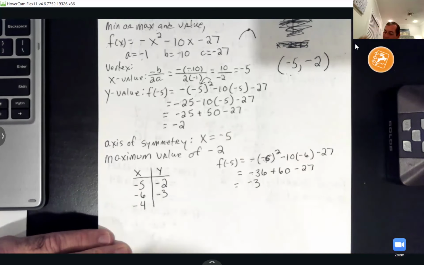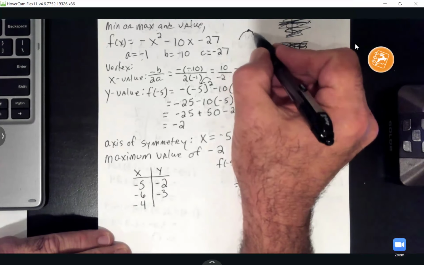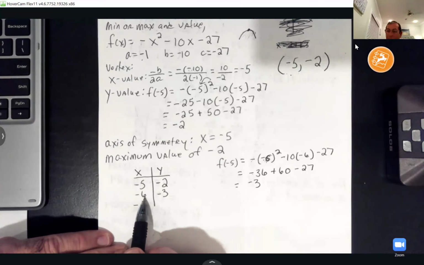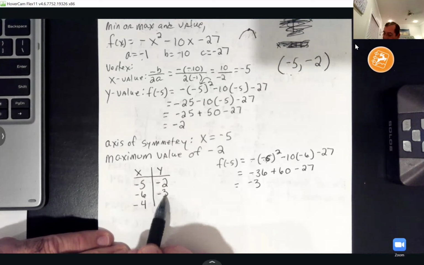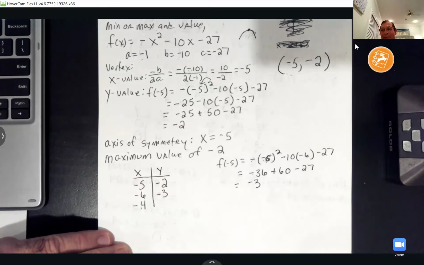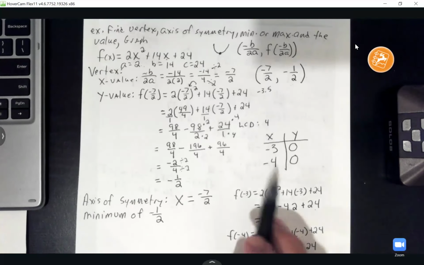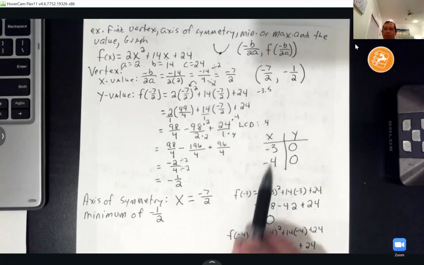Now, let me tell y'all a trick. The reason I'm picking numbers that are on each side of this is that these graphs are symmetric. So if the one number to the right of that gave me -3, guess what the number one to the left is going to give me? It's going to give me -3 again, right? Remember a while ago when we did the two numbers next to the 3 halves?